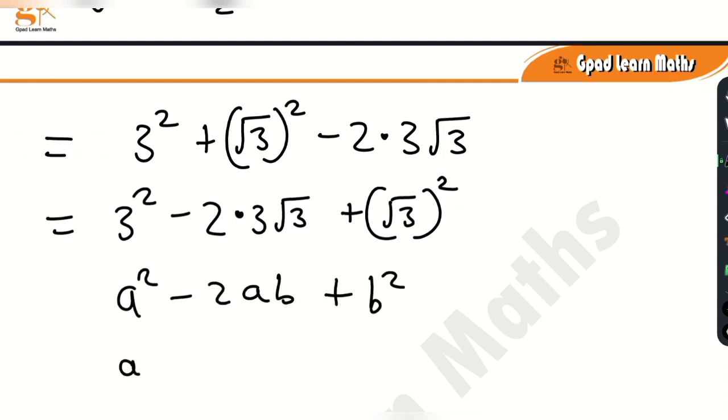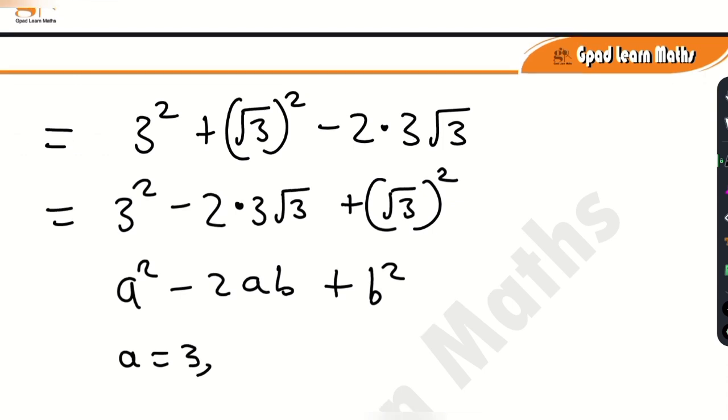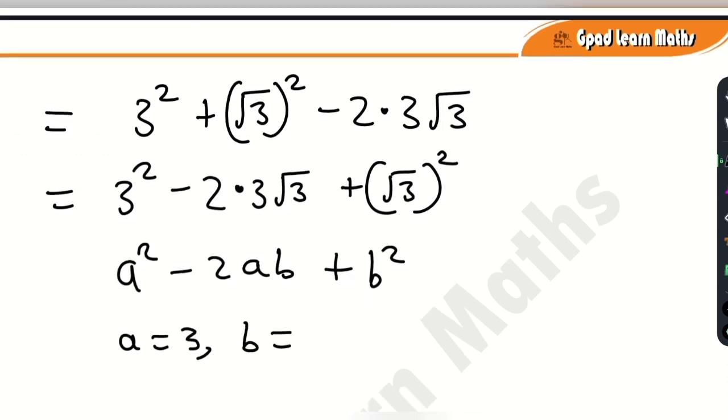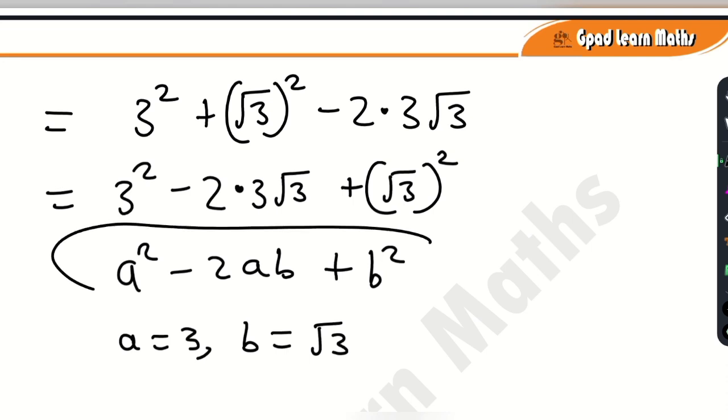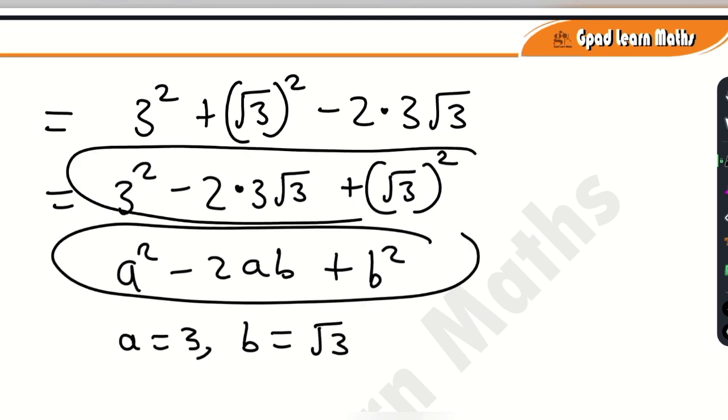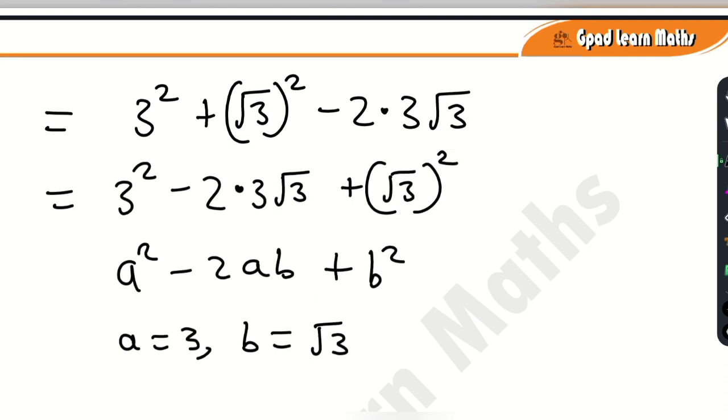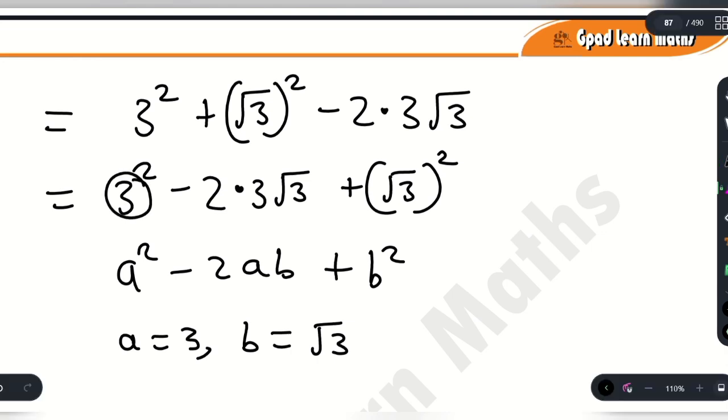Now, if a is 3 and b is root 3, can't you see that this and this relate in every way? Yes, it does. See, a is 3, that's the 3 here. b is root 3, that's the root 3 here.